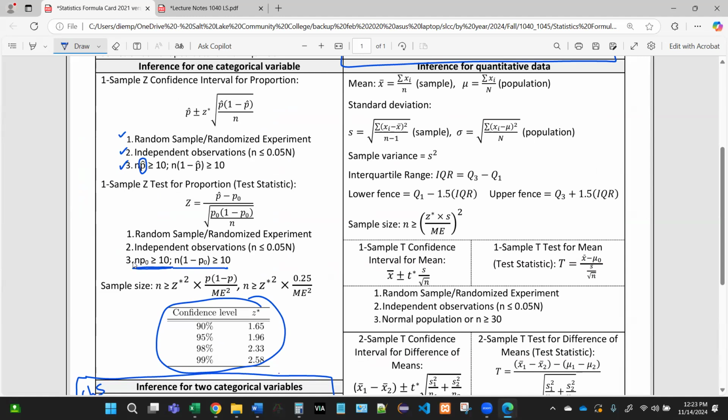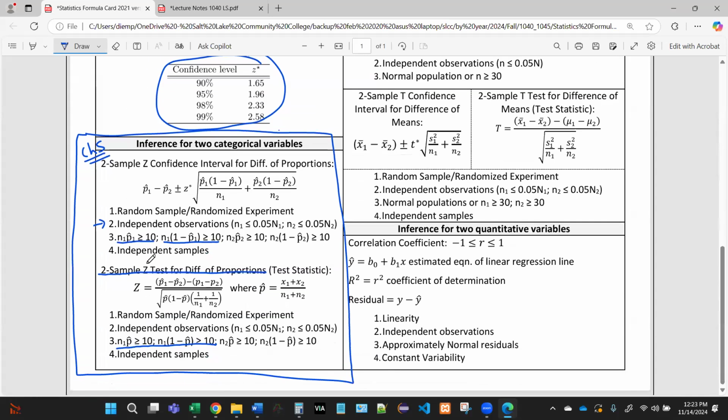With the confidence interval, it's p hat. With the hypothesis test, it's p0. It's the null value for the proportion. In chapter 3, that wasn't too bad. P0 was simply the number on the other side of the null hypothesis equation. But when it comes to two-sample hypothesis testing, we don't actually have a P0. So what we need is an estimate for P0, and the best we can do is this pooled proportion.